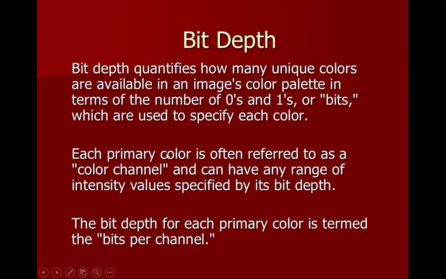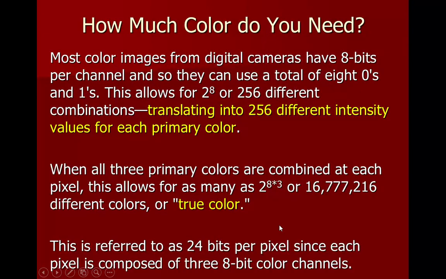So each primary color is generally referred to as a color channel, and all those different channels' intensities are specified by the bit depth. So the bit depth for every primary color is termed the bits per channel. So you get down to the question of really how much color do you really need?